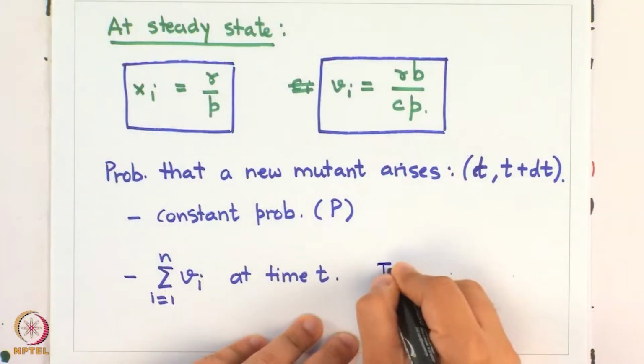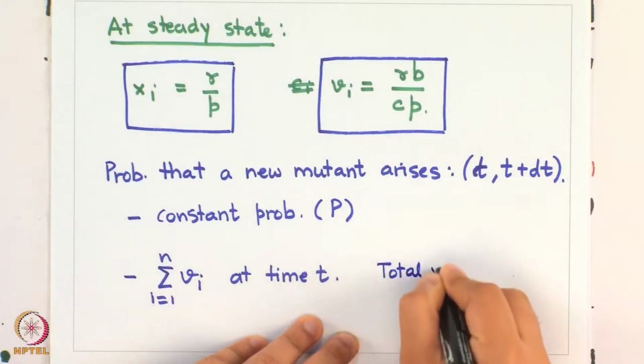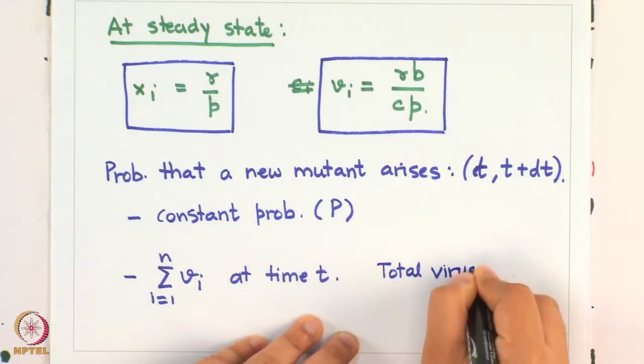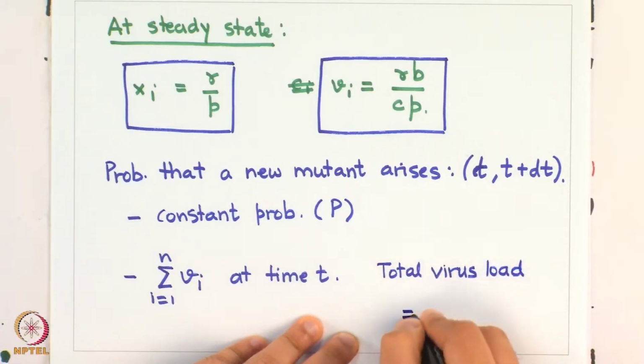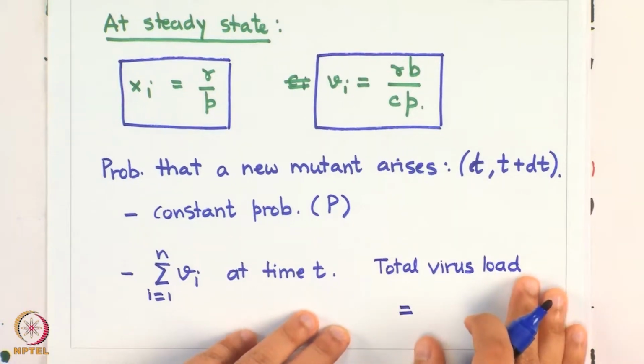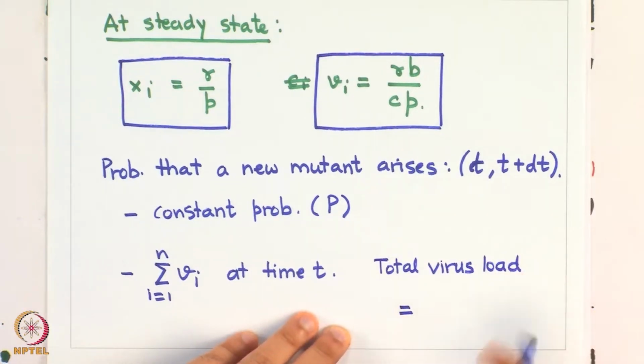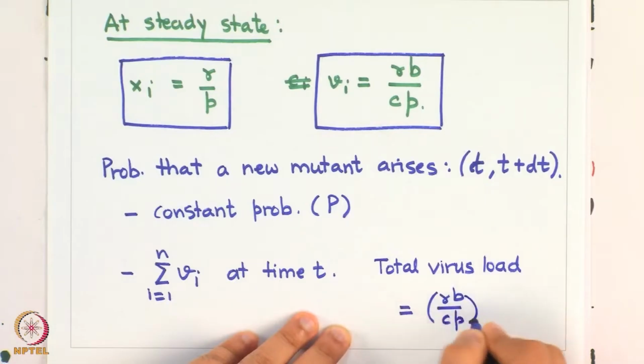So, the total virus load is a quantity that we are interested in, which is the total sum of all virus genotypes present in the host, and is just given by RB divided by Cp times n.